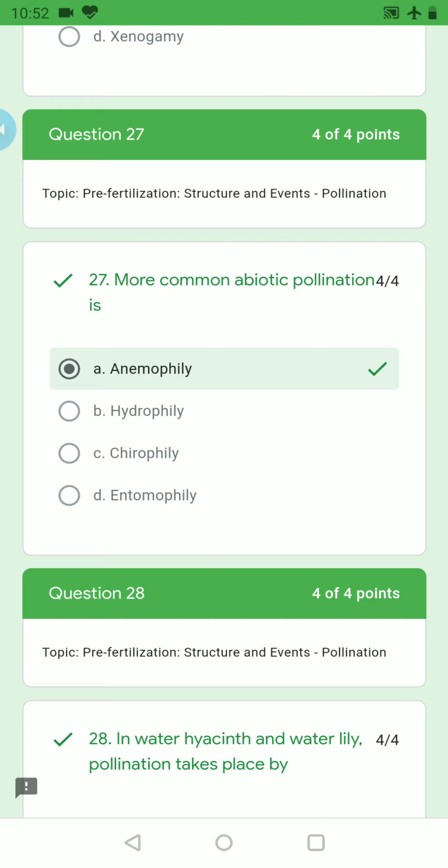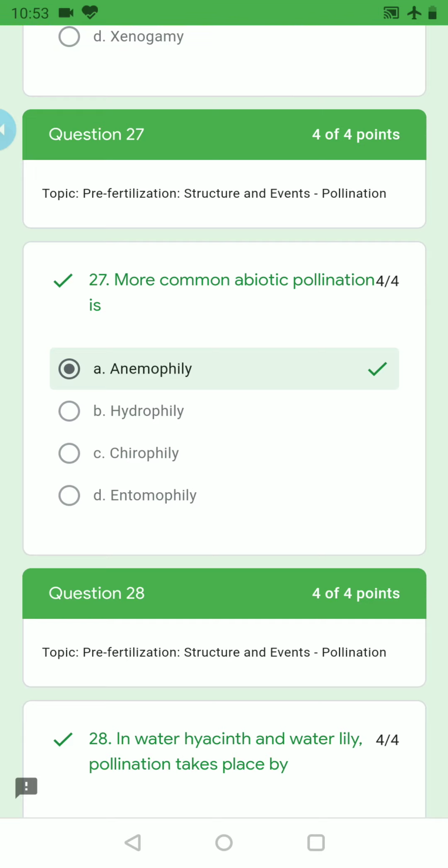27th question. The more common abiotic pollination is... This question comes under the types of pollination. What is anemophily? What is hydrophily? Chiropterophily? Actually, the spelling is not chirophily, it is chiropterophily. Then entomophily. If you know the meaning or the definition of the terminology, you can easily identify. Anemophily means pollination by wind. Hydrophily, the pollination by water.